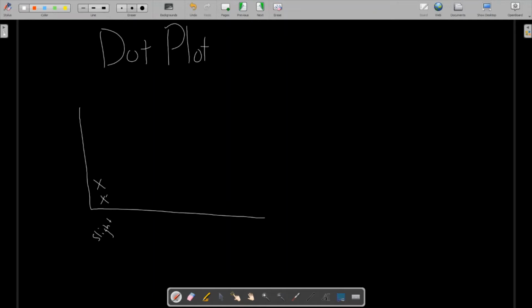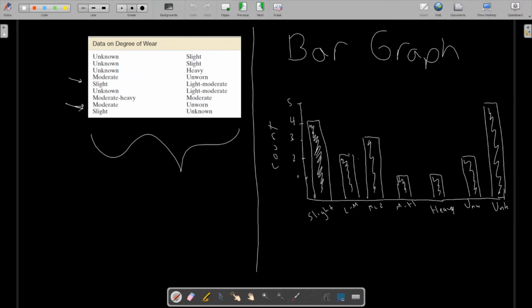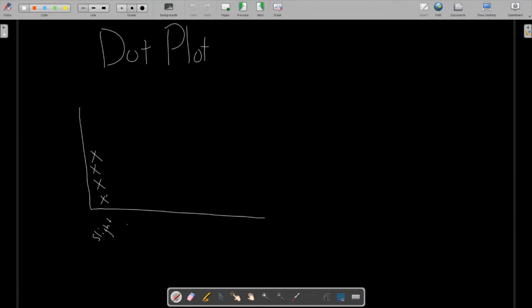And because there's 4 of them, there will be 4 X's going up. And then we can repeat this process for LM and moderate. I won't go the whole way this time.